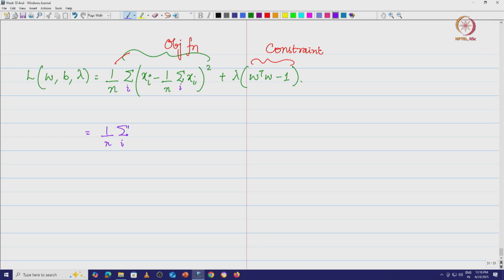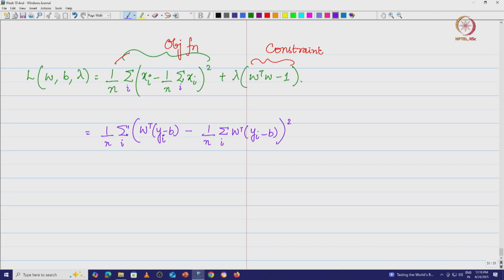So, I have w transpose into yi minus b for every value of y, minus 1 by n times the average of these values over i, which is w transpose into yi minus b, the whole squared.